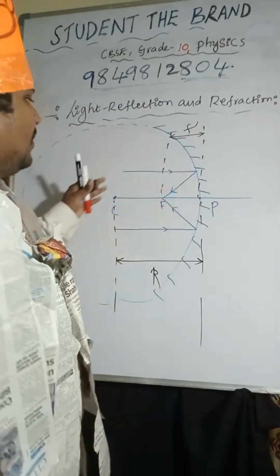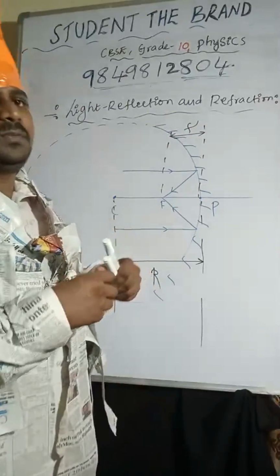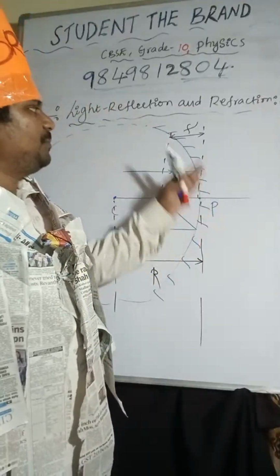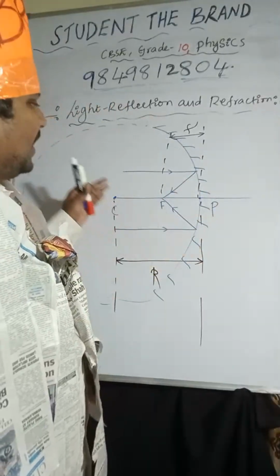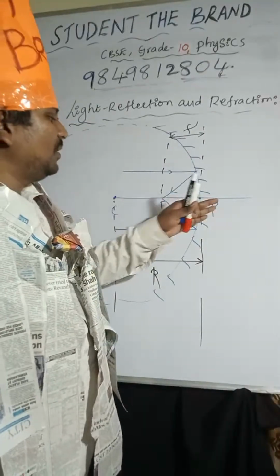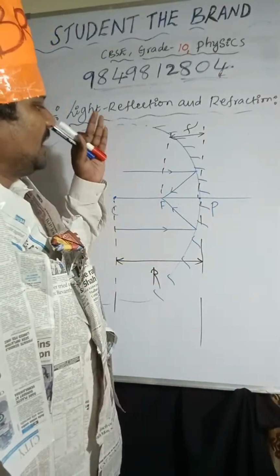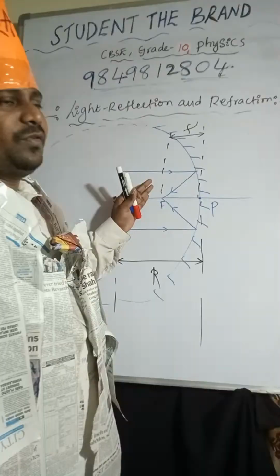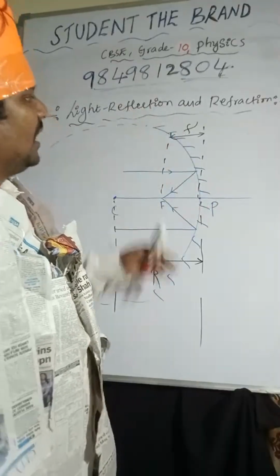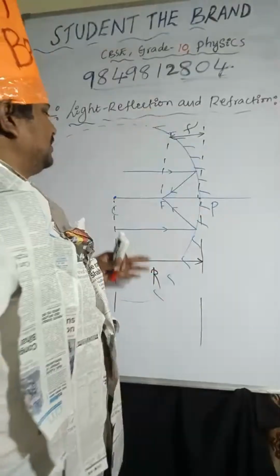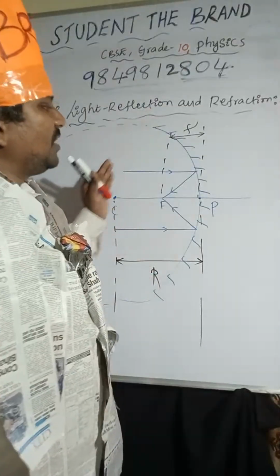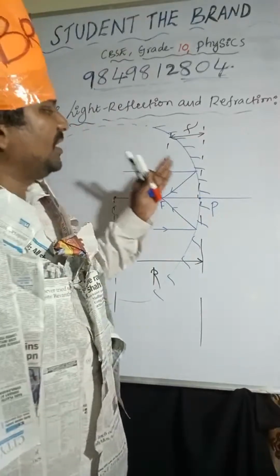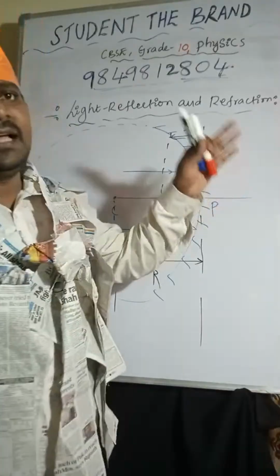Okay. Here you can observe the center of the imaginary sphere of which the mirror is a part is called the center of curvature. The midpoint of the mirror is called the pole. The distance between the center of curvature and the pole is called the radius of curvature. The distance between the focus and the pole is called the focal length. The width of the mirror is called the aperture. The line joining the center of curvature and the pole is called the principal axis.